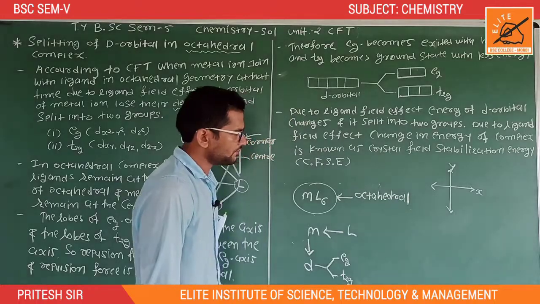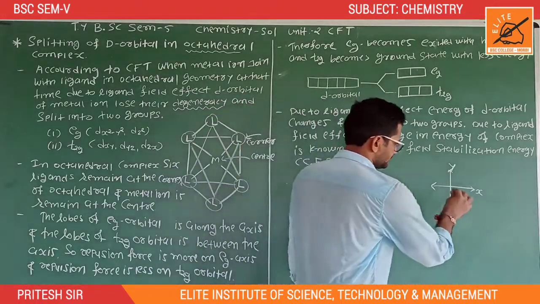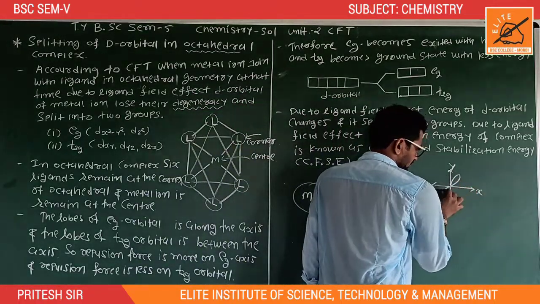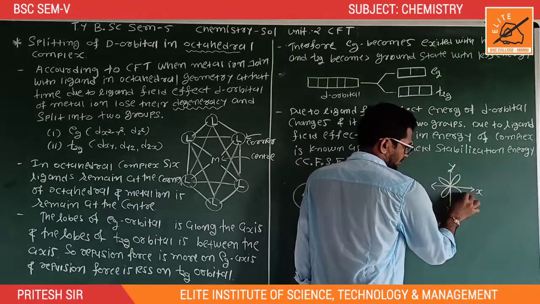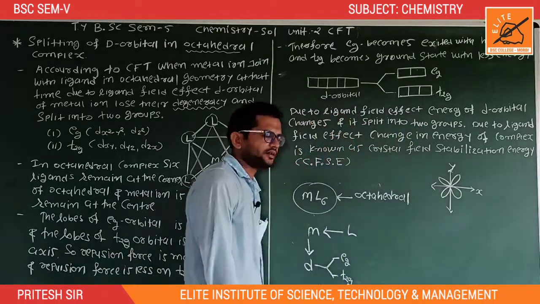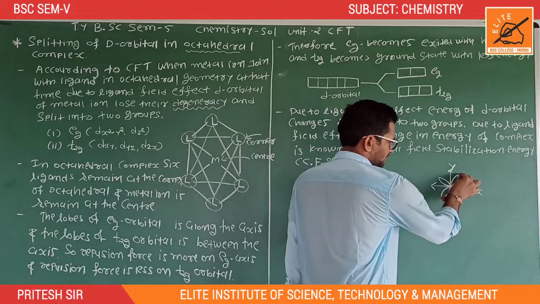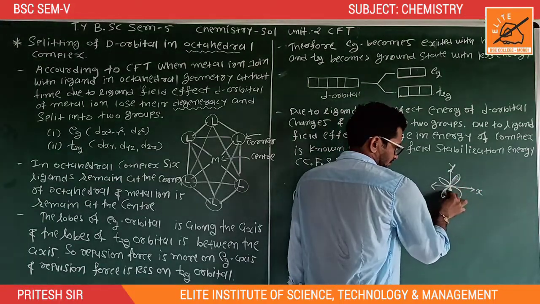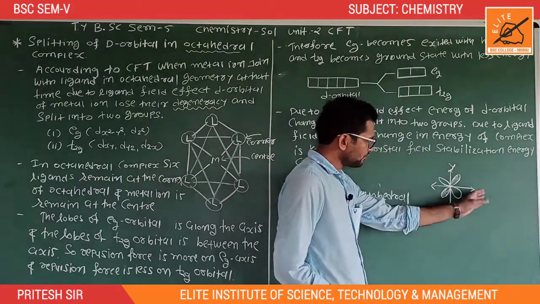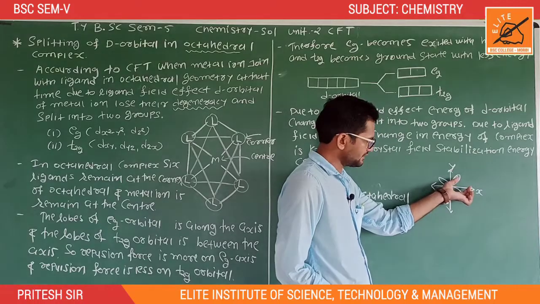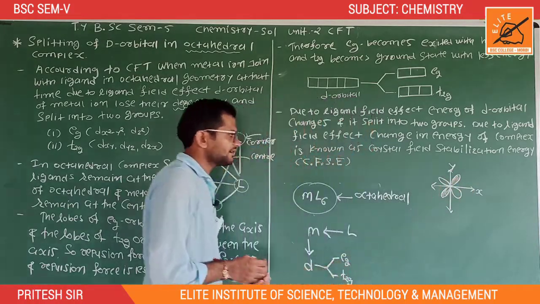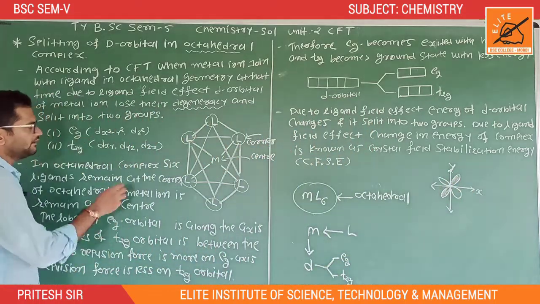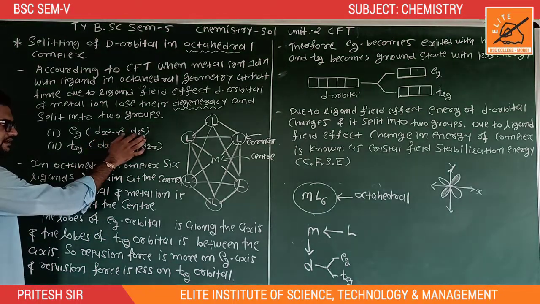The lobes of these orbitals are between the axis. And Eg contains two suborbitals, dx square minus y square and dz square.